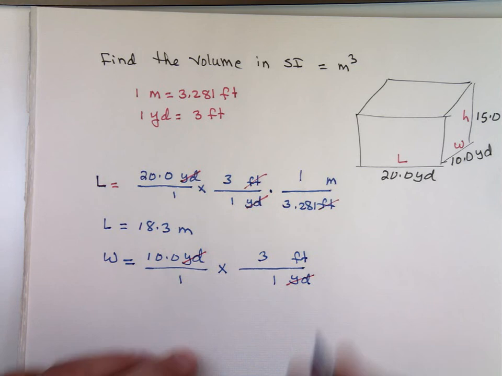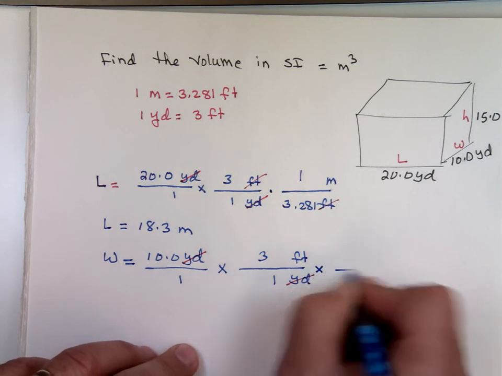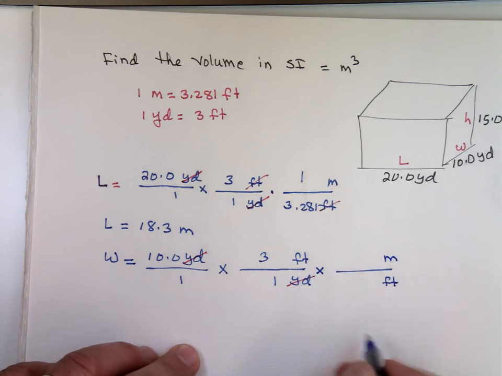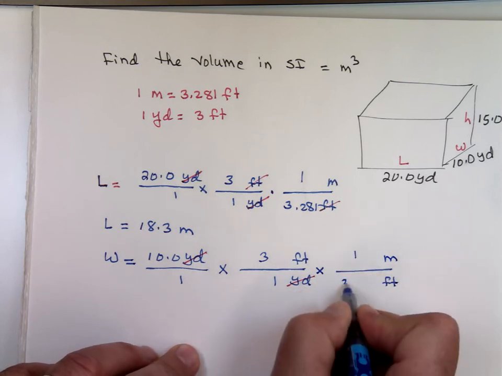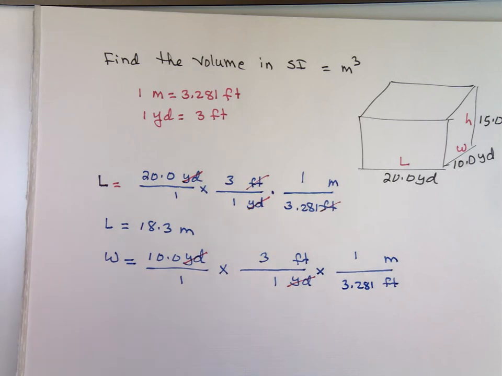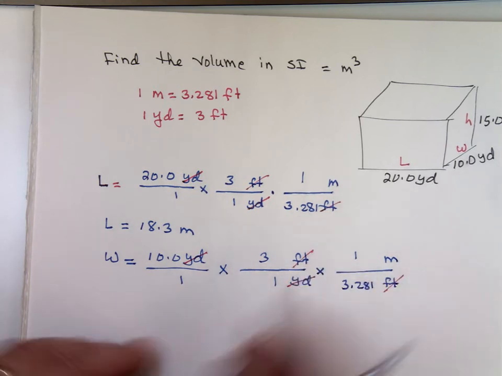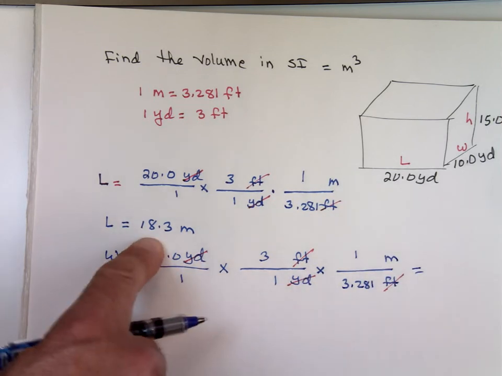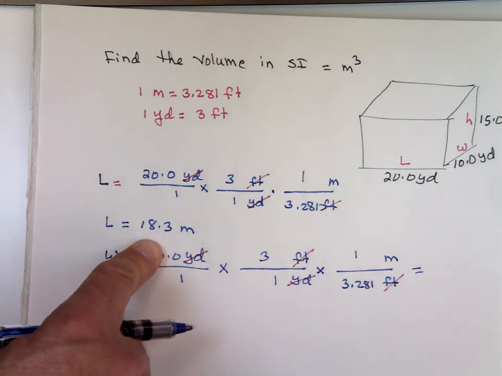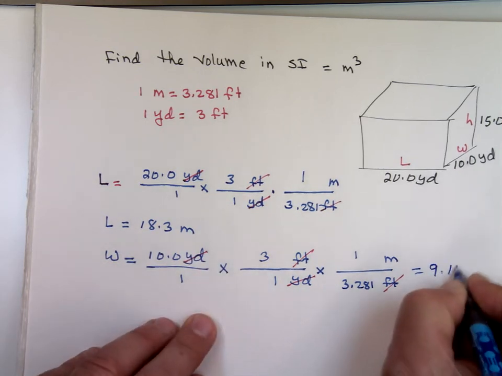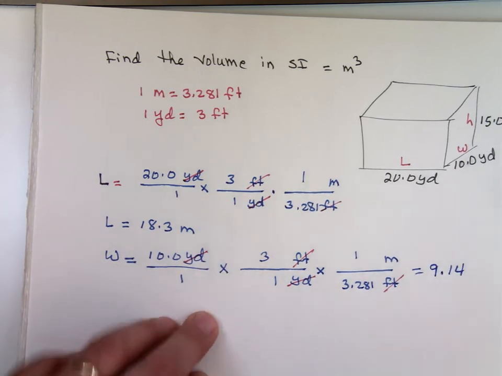Multiply that; I want feet on the bottom, meters on the top. 1 meter has 3.281 feet. Do the math, that should be half this number. 9.15 or 14, when you round it. 9.14 meters, because this was rounded here.